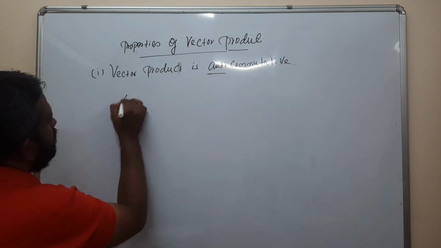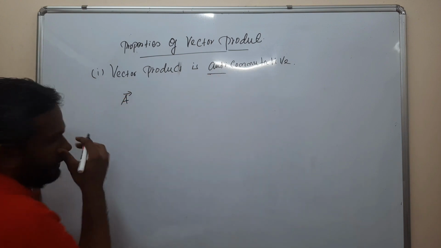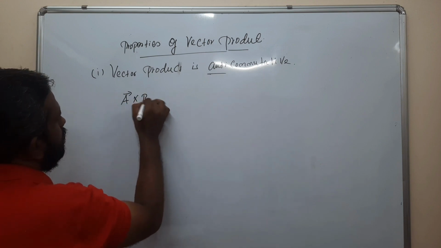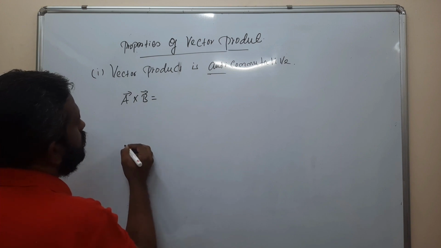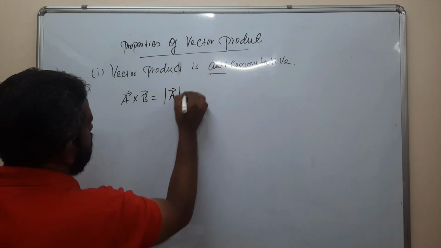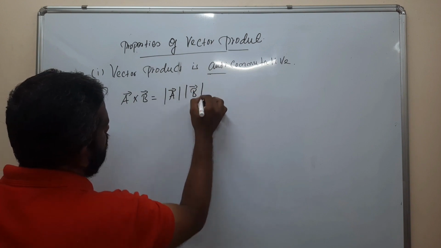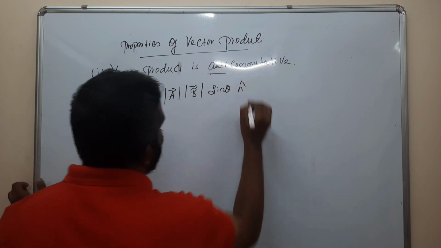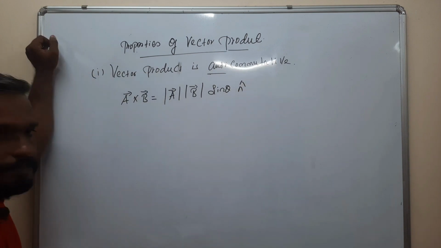Suppose two vectors, a vector and b vector. So a vector cross b vector is equal to modulus of a vector, modulus of b vector, into sin theta into n cap.